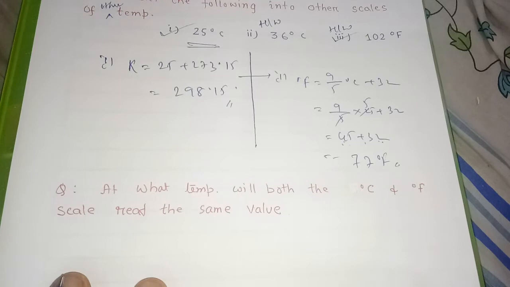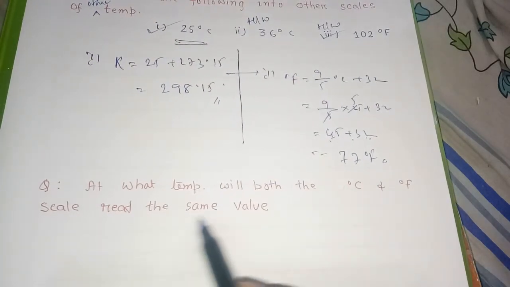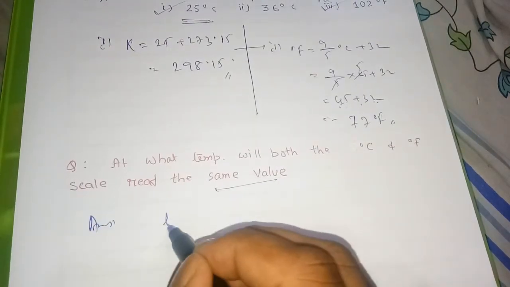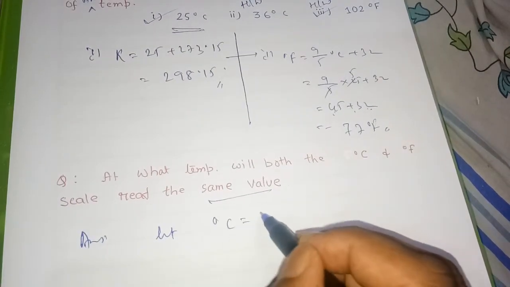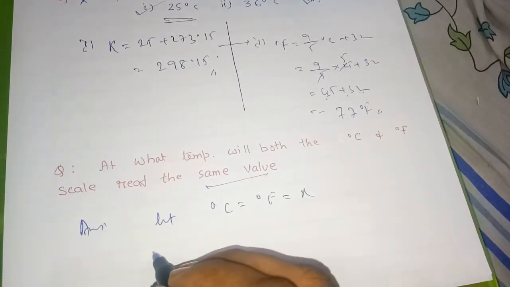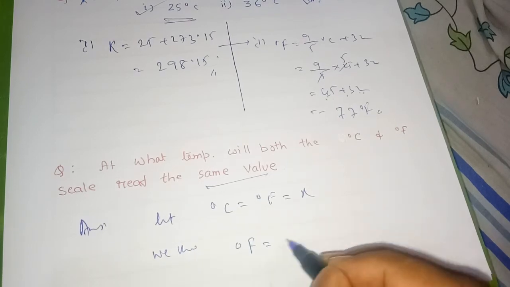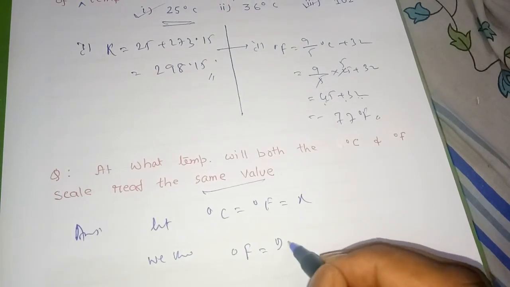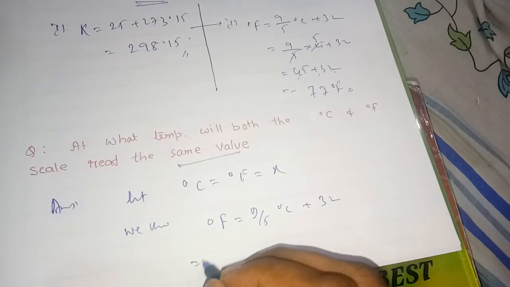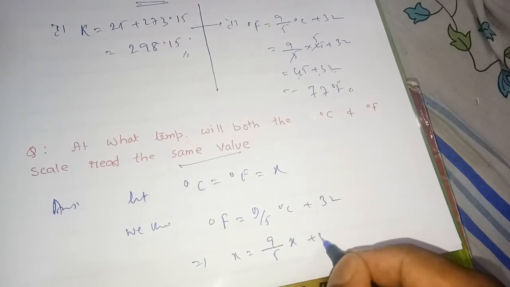And next one, at what temperature both the degree Celsius and Fahrenheit scale read the same value? Answer to that one, let degree Celsius equal to Fahrenheit scale equal to x. So we know that degree Fahrenheit equal to 9 by 5 degrees Celsius plus 32. So x equal to 9 by 5x plus 32.